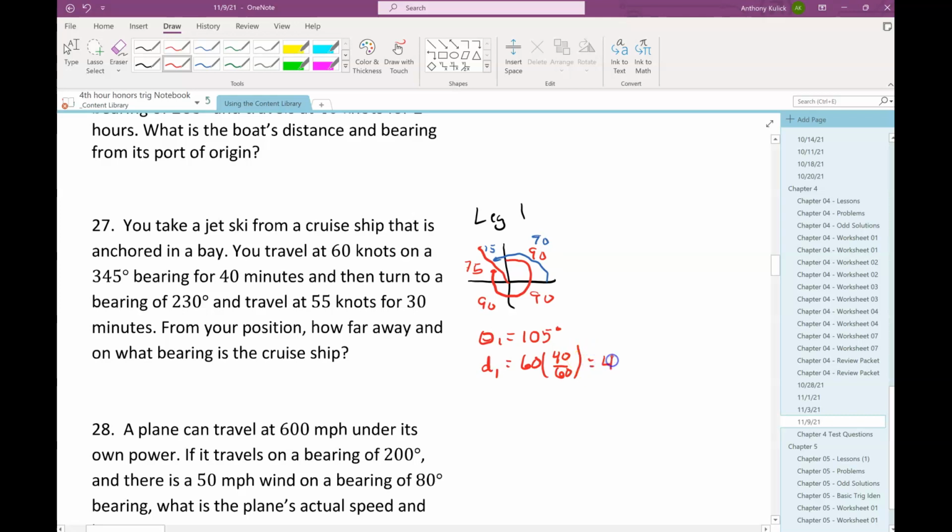So that just gives me 40 nautical miles. Actually, let's write it underneath. So when I break that into components, the x component is 40 times cosine 105, and the vertical component is 40 times sine 105.